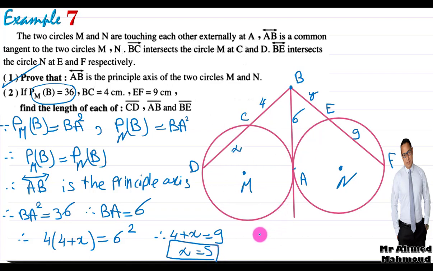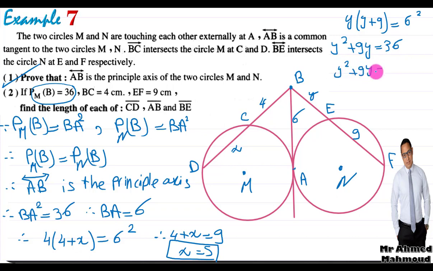The other part, here y, I'm going to solve it here. y times (y plus 9) equals 6 to the power of 2. So y squared plus 9y equals 36. Move 36 over, so y squared plus 9y minus 36 equals 0.